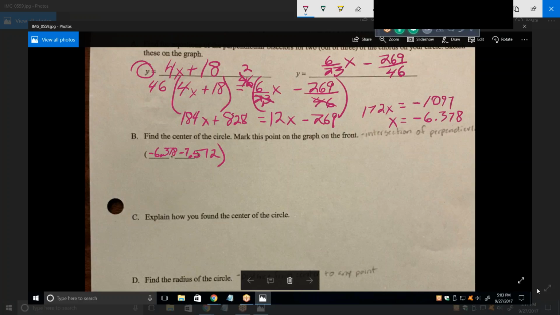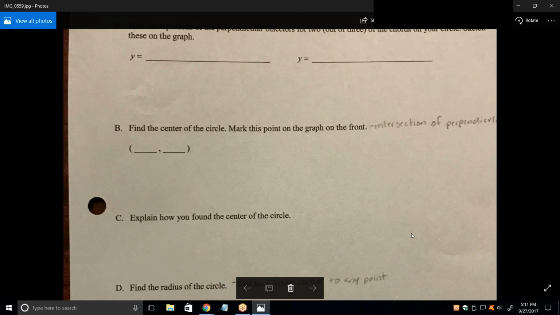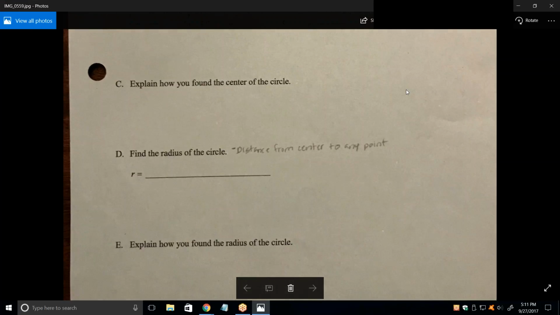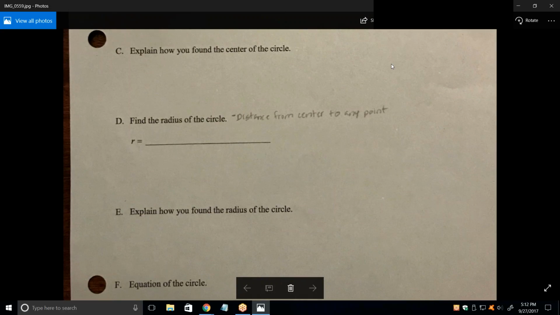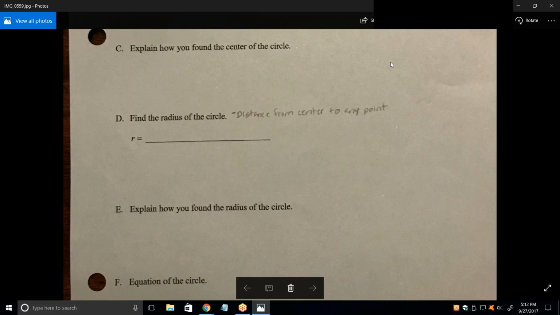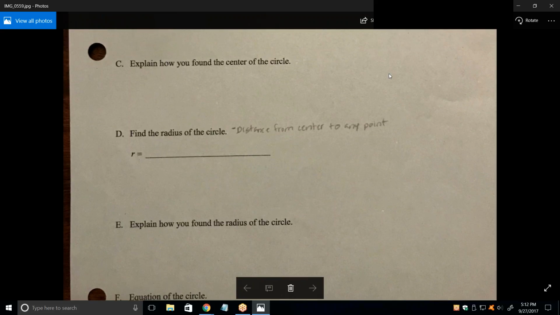However you want to summarize that, that's essentially what you do. Explain and find the radius of the circle.